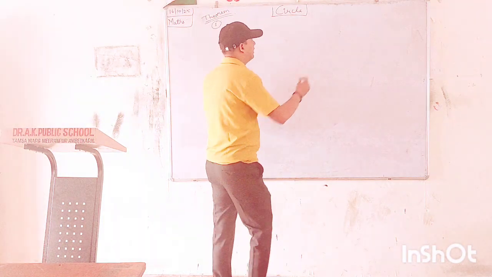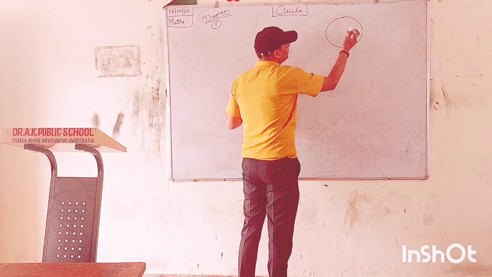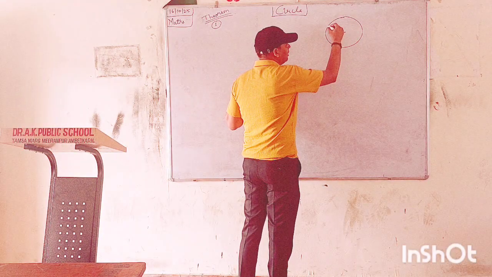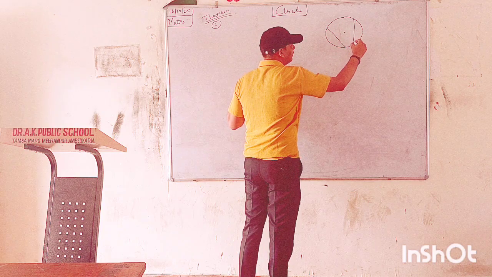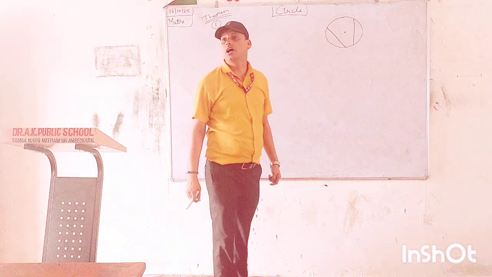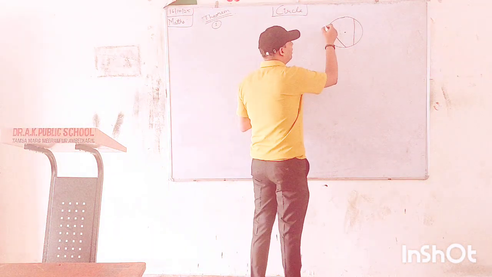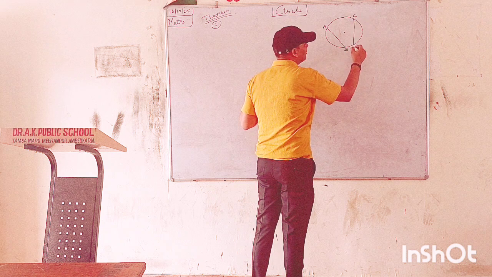It is saying that if this is your circle, let this be a chord and let this be a chord, and it is given that both the chords are equal in length. Let this be AB, this is CD.